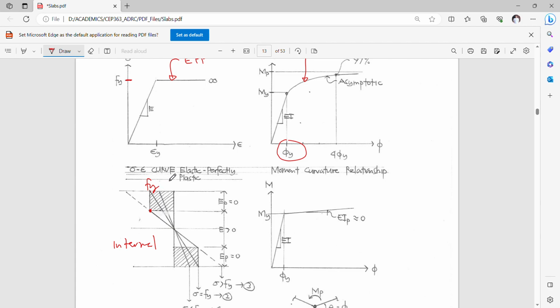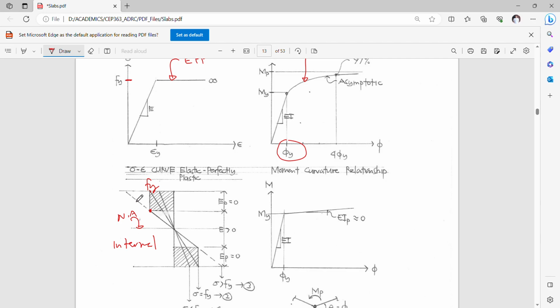Rather, the formation of the plastic hinge will develop a redistribution of yield curvature from the extremmost fiber, gradually shifting towards the neutral axis until it reaches what you call a plastic hinge.